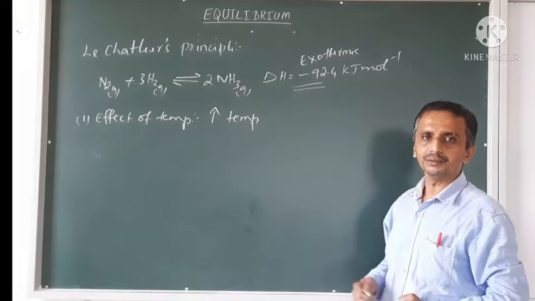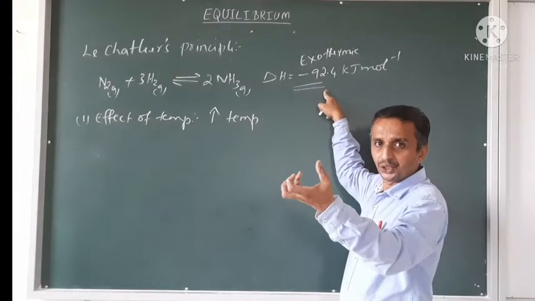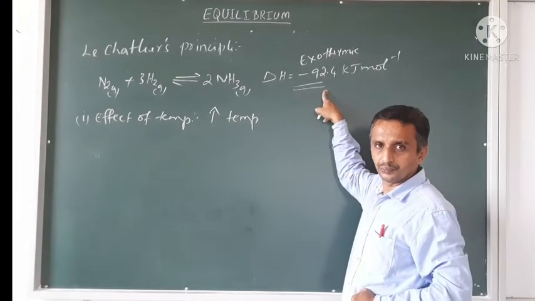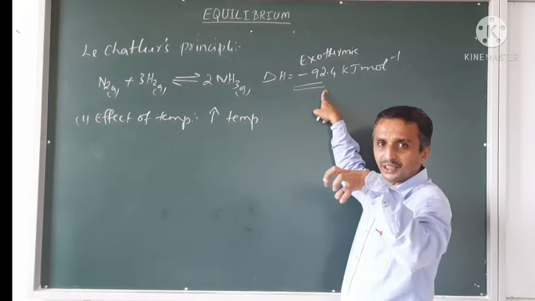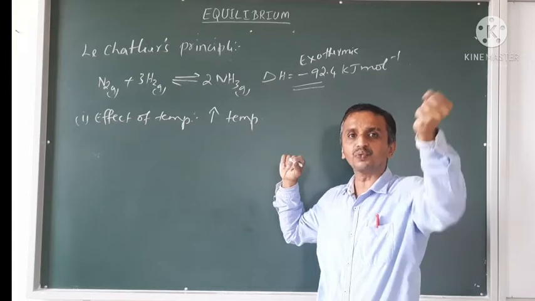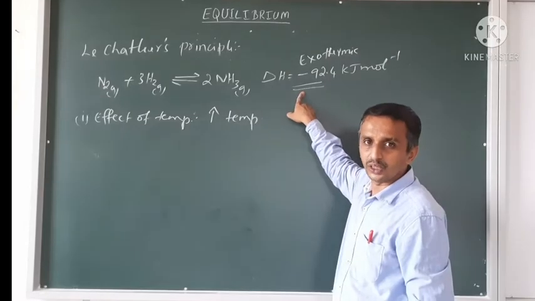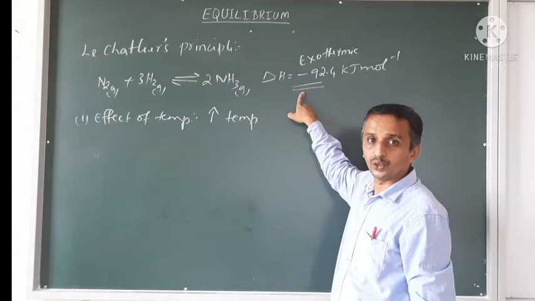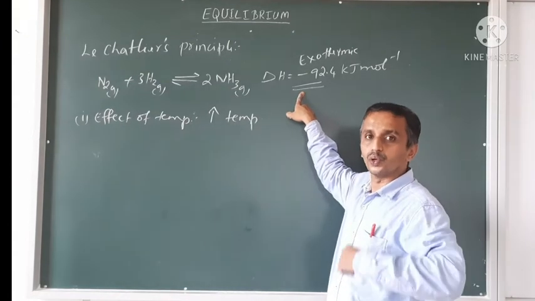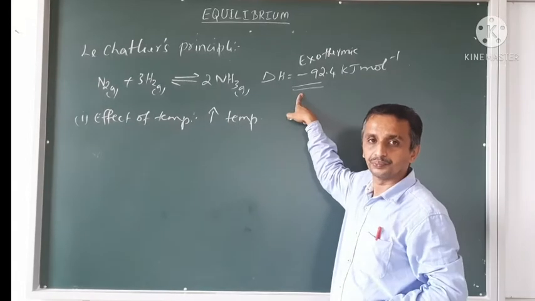How to decrease the temperature? The increased heat should be absorbed, which means absorption of the heat should be favored. Forward exothermic means backward is endothermic. Forward heat is evolved means backward heat is absorbed.